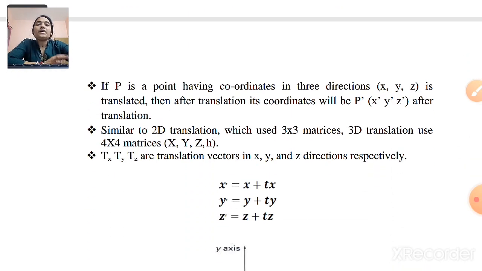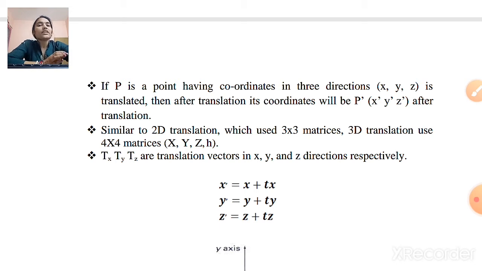If P is a point having coordinates x, y, z in 3 directions and it is translated, then after translation its coordinates will be P dash.